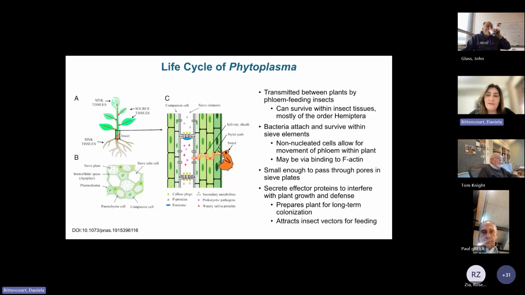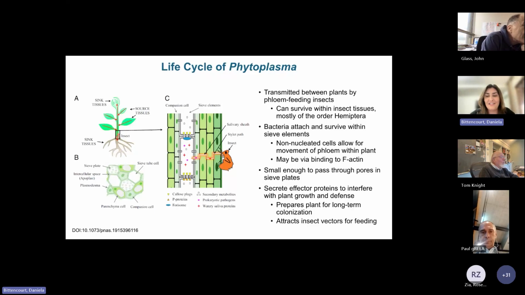So in plants, they live in sieve elements, which are non-nucleated cells that allow them to move through the phloem, and they secrete effector proteins that reprogram plant growth and defense, preparing the host for long-term colonization, and even attracting insect vectors.